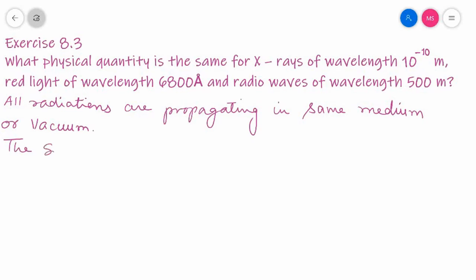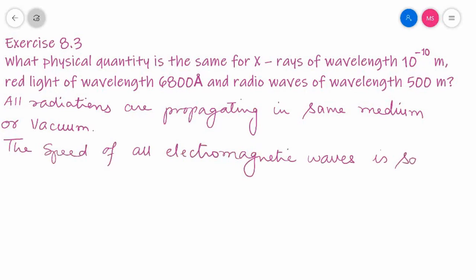So the speed of all electromagnetic waves is same in a given medium. So in this example, speed will be same for all the electromagnetic waves.